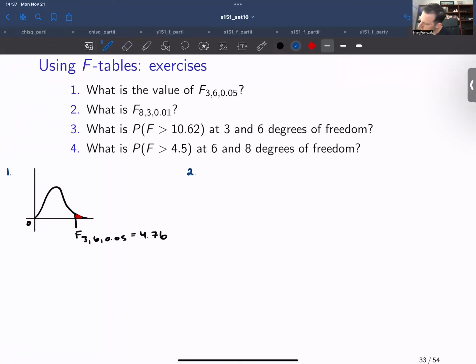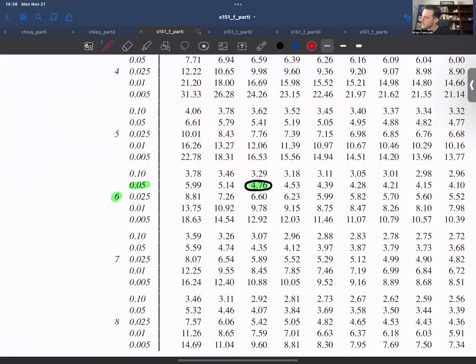Okay, exercise 2. It's the same starting point. So we have our F curve, right? And then we have F on 8, 3, 0.01. All right, so we go back to our table.